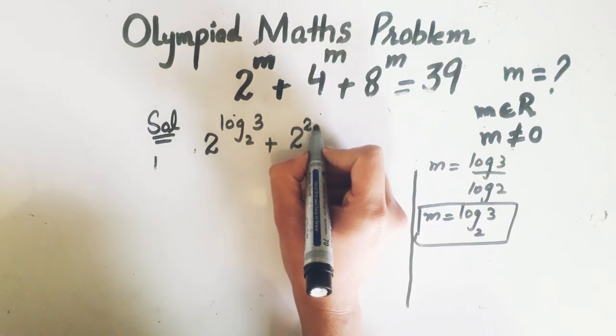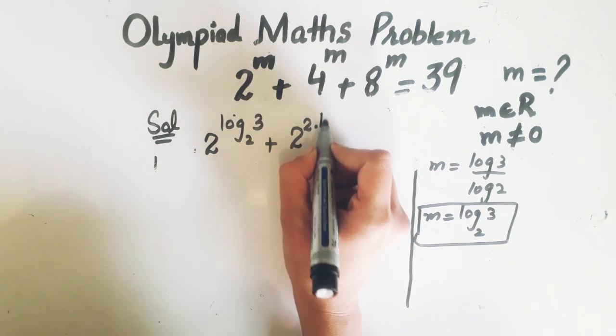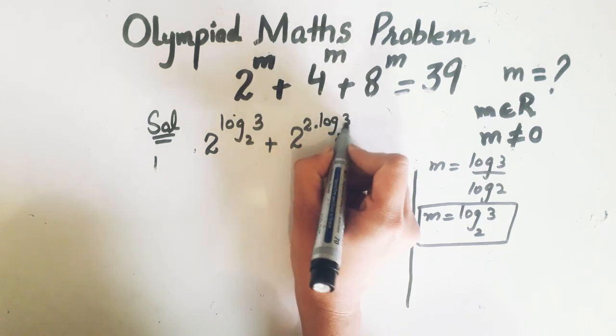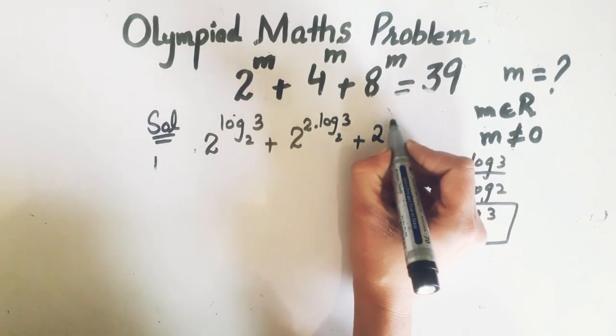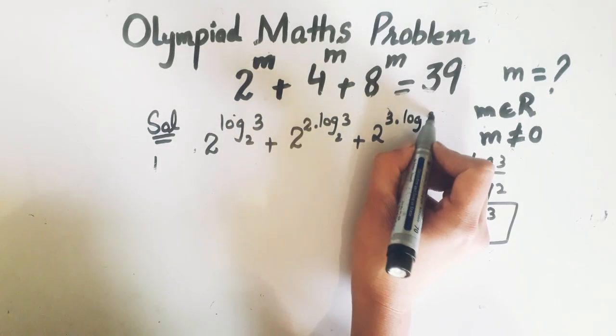Then we apply the value of log, that will be log base 2 of 3. Then 2 cubed, apply the value of m, that is log base 2 of 3.